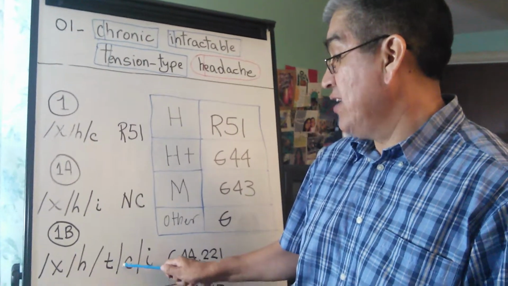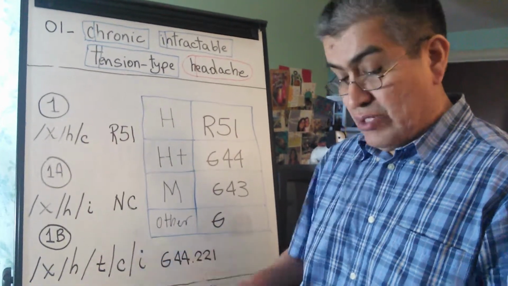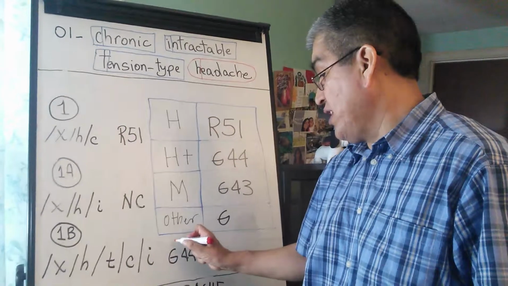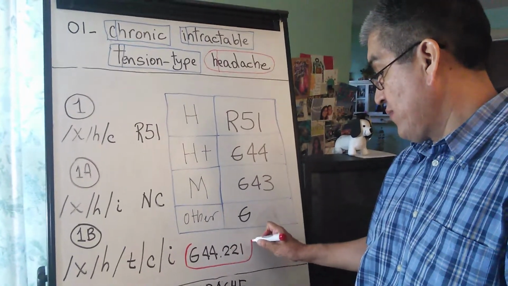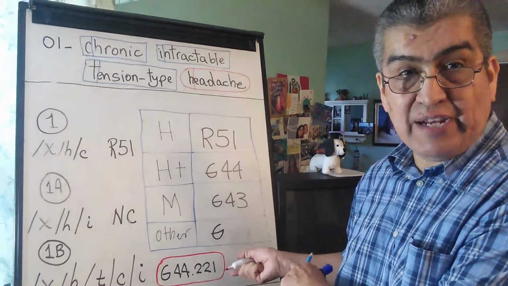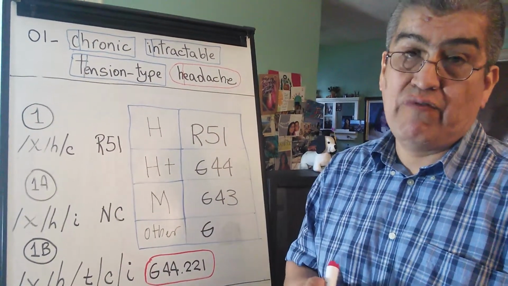There we find chronic, and there we find intractable. So this is the path that has all our keywords, and the code that we get next to it is this one. All we have to do is confirm that in the tabular, and then check the answer with the book, and we found our code.